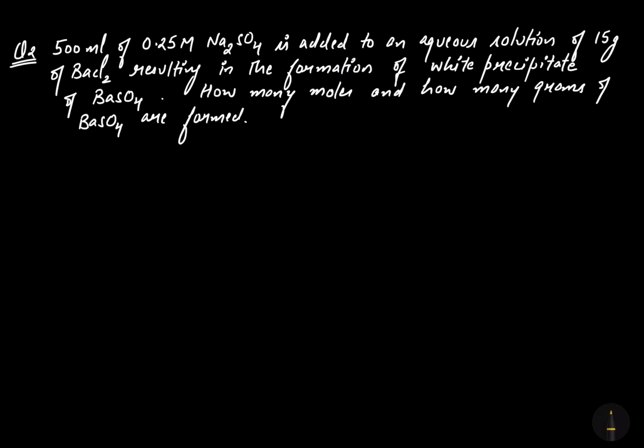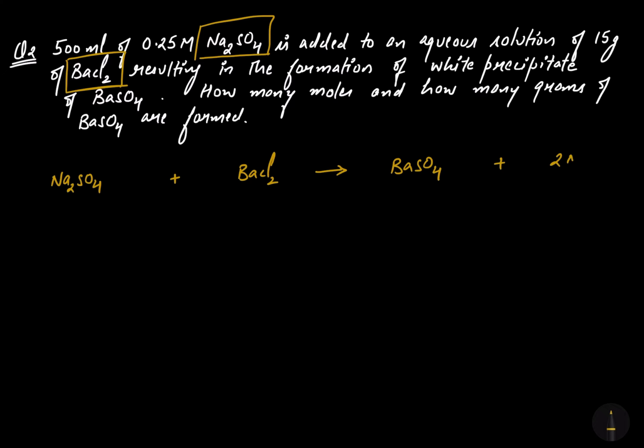So first of all, I'm writing the chemical reaction for this case. My chemical reaction between Na2SO4 and barium chloride: Na2SO4 reacts with barium chloride to form barium sulfate and sodium chloride.